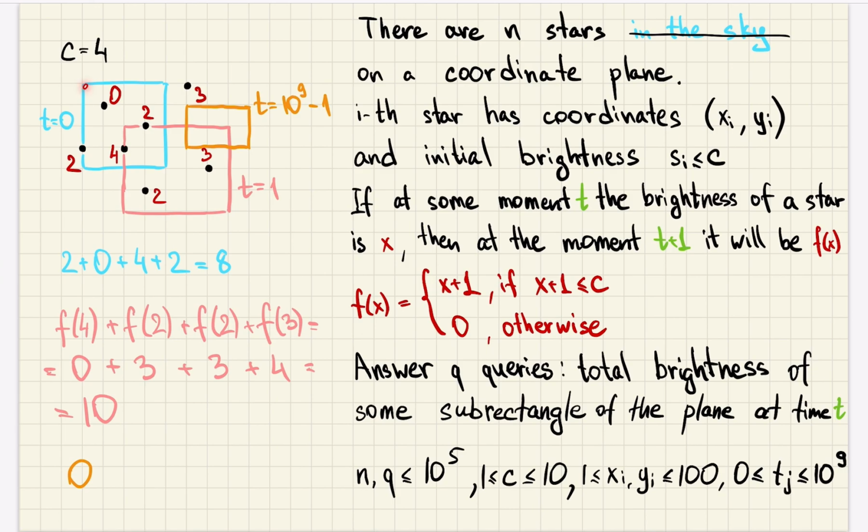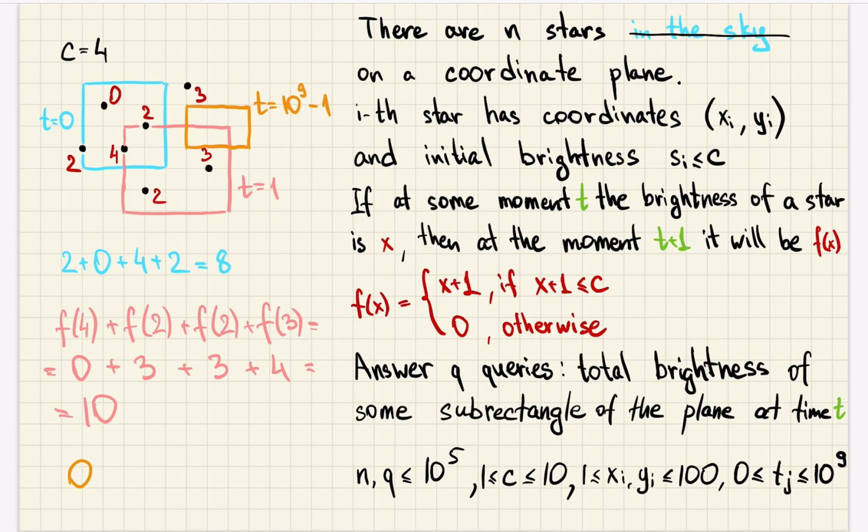So in the first query we ask to calculate total brightness in this rectangle at time 0. We know the brightnesses of all the stars at time 0, so we just sum up the brightnesses of the stars that are in that rectangle. So we have 2 plus 0 plus 4 plus 2, which is 8.